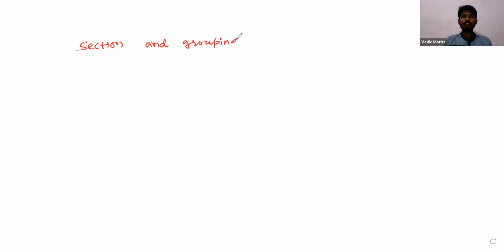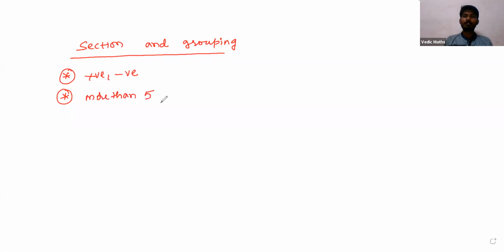Okay, selection and grouping. I am talking about the first two conditions only, whether the digit starts with positive or negative, and another will be digits more than 5. And the third case is the specific condition. Specific condition means that is a different one. Okay, right.